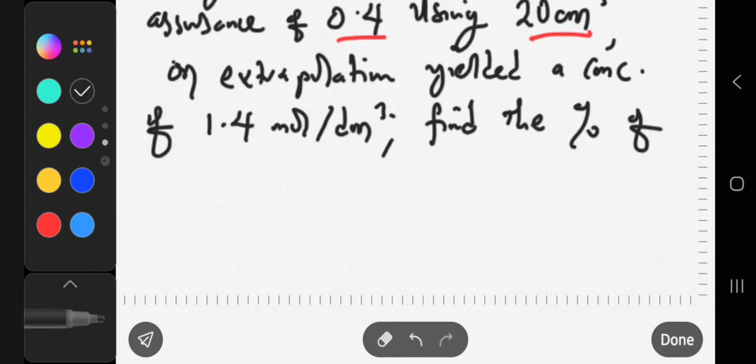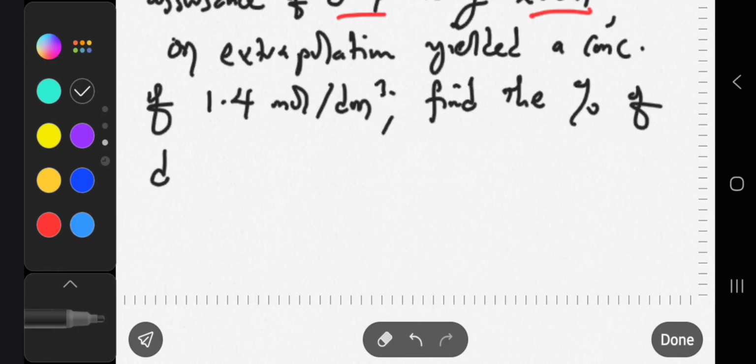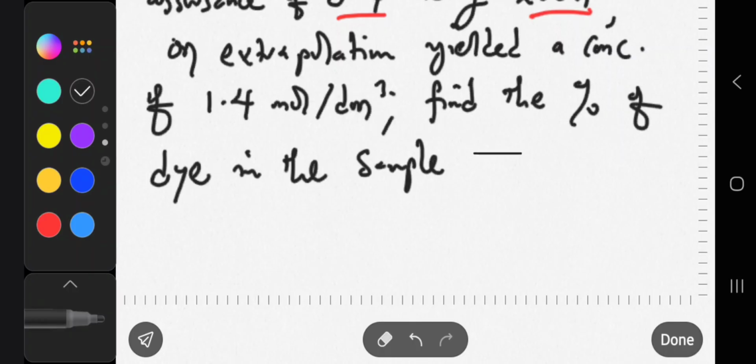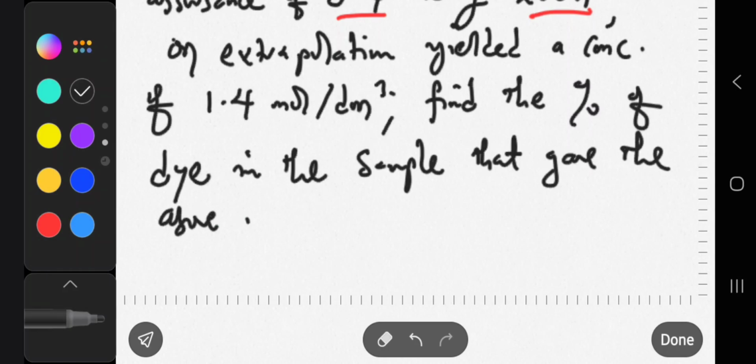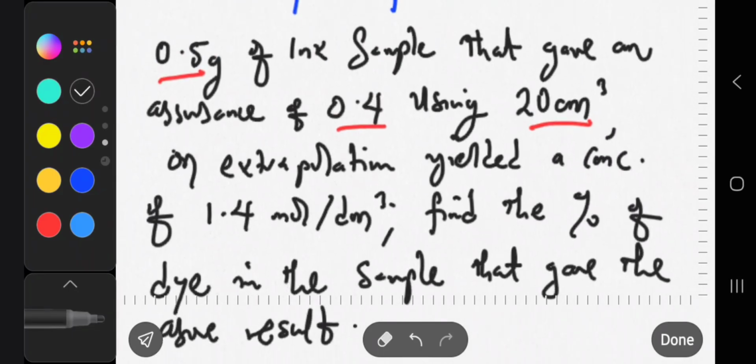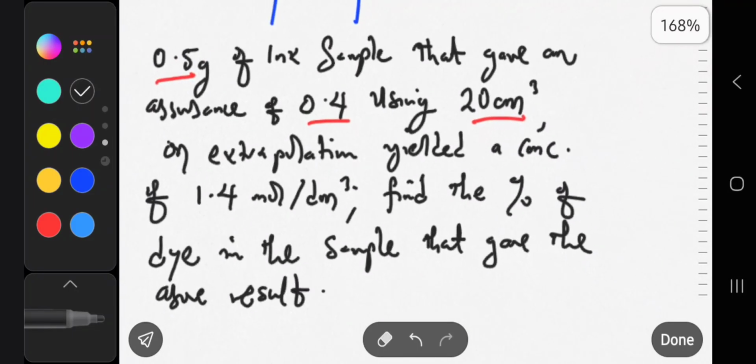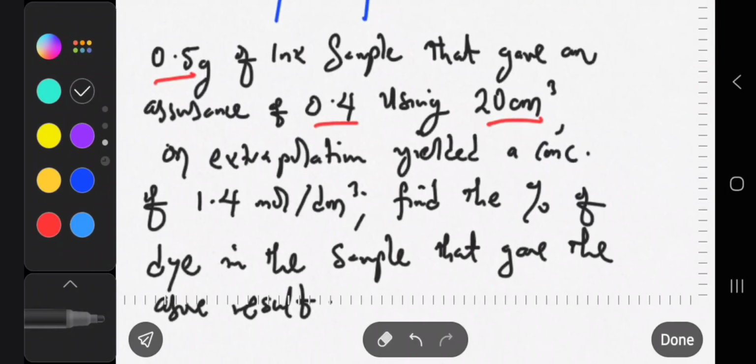So let's say find the percentage of the dye in the sample that gave the above result. So basically, I'm trying to simulate something that would lead you to doing further calculation in Lambert's law, the use of calculation, percentage, and the rest, the application of the standard curve.